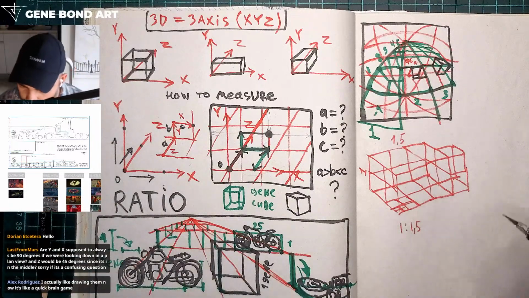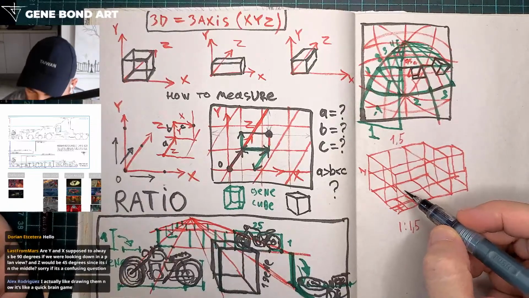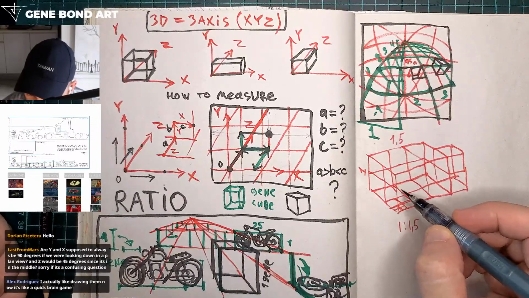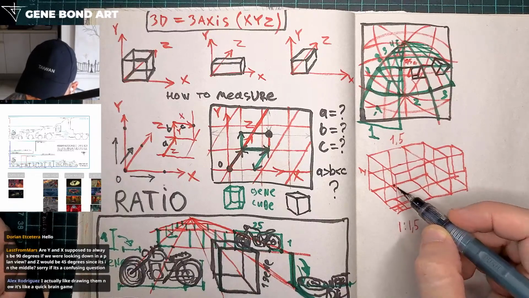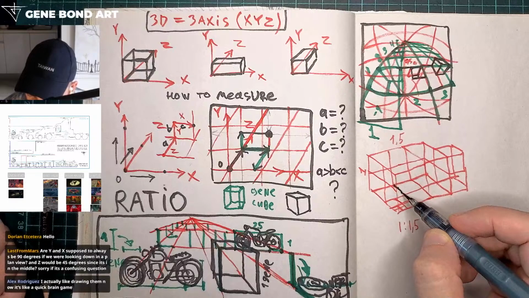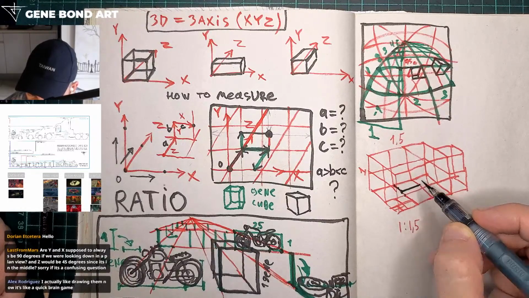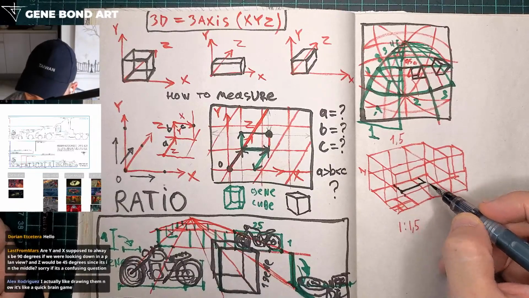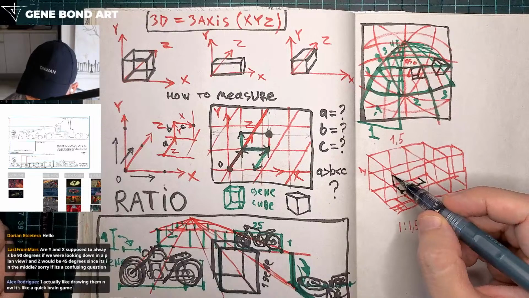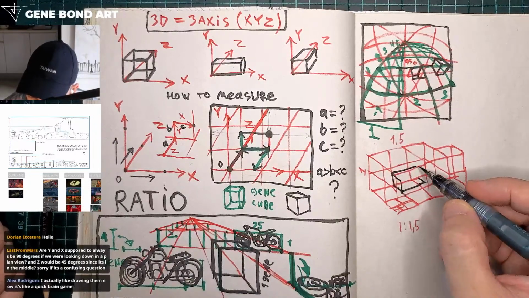And then let's say here we have a sofa. This sofa I can break down in 3, so it's two-thirds and one and a half of these inner cubes, and then 2/3 high. So this is my sofa here.